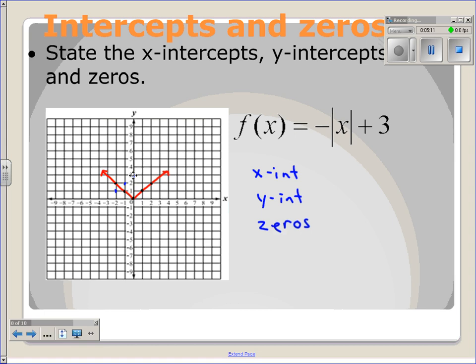I'm going to keep going down and left until I hit the x-axis, down and right until I hit the x-axis, so that it's very clear where it crosses. It crosses at 3, 0 and negative 3, 0. And it touches the y-axis at 0, 3.